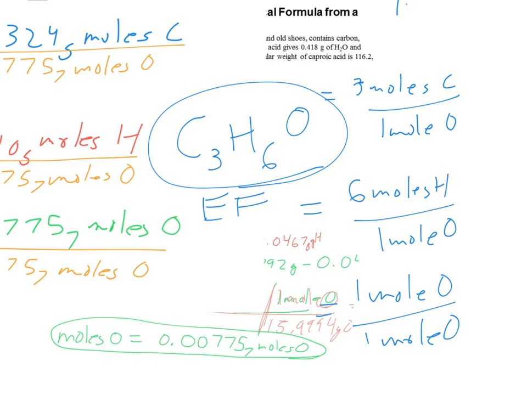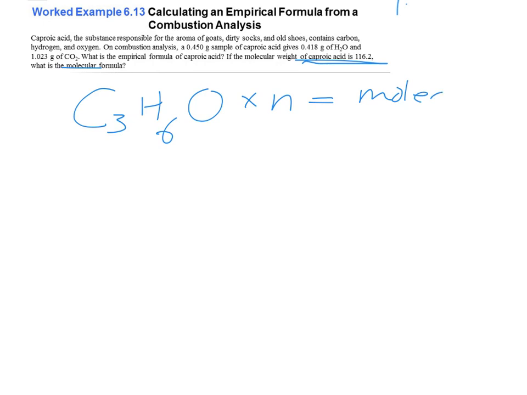All right, but the problem wanted more than just the empirical formula. That's just half the battle here. So we have an empirical formula of C3H6O, and they want to know the molecular formula if the molecular weight is 116. And what we're doing there is we need to solve for our multiplier, right? Our empirical formula times a multiplier n will give us our molecular formula.